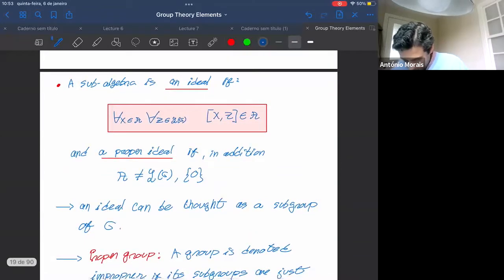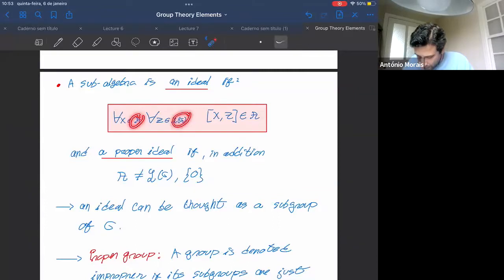So this is something that we discussed last lecture, that the solvable algebra is an ideal under these circumstances here. So A is a subalgebra of LG.